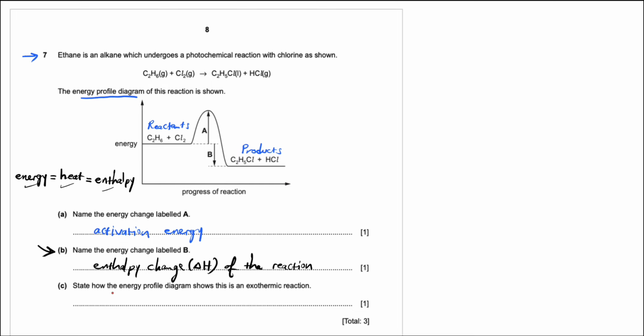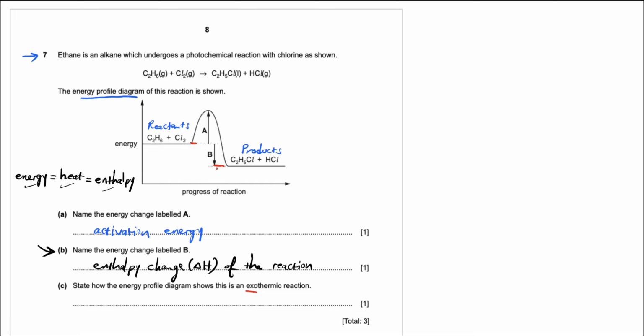Next, state how the energy profile diagram shows this is an exothermic reaction. If you need to explain something in the energy level diagram, you have to look at the levels of the products and compare them to the reactants. In this situation, the energy of the products is less than the energy level of the reactants.